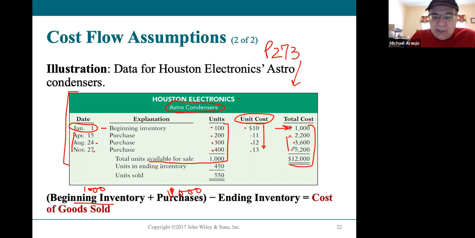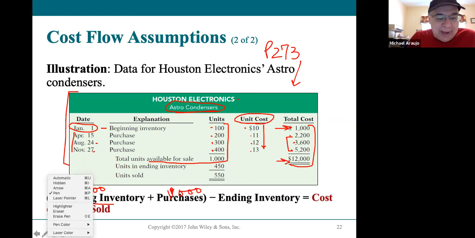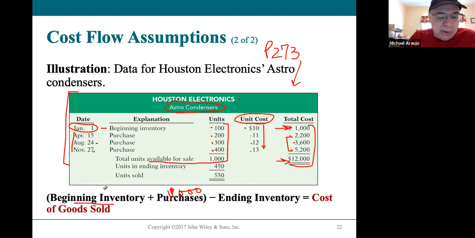That's these three here, for a total of 12. Okay. So that's how that flows. And that goes back to your previous chapter for how they keep track of the inventory costs and so forth and so on.